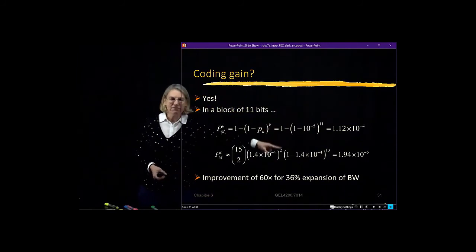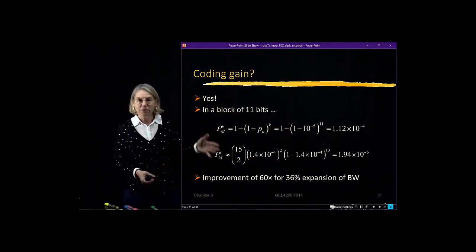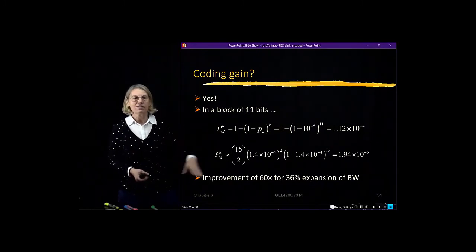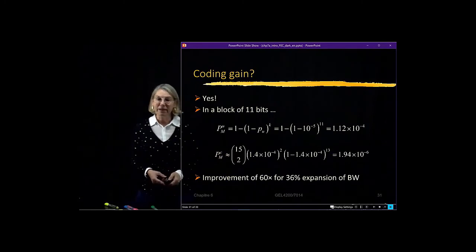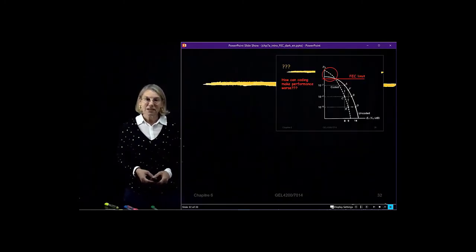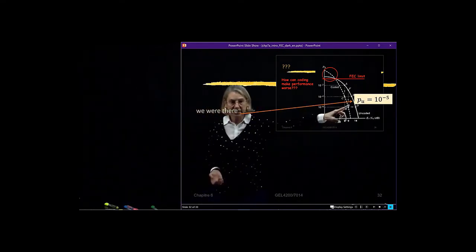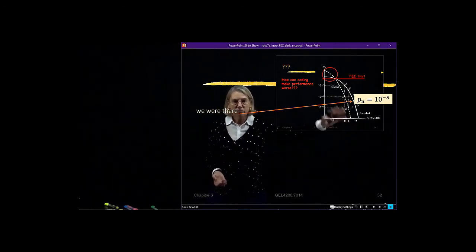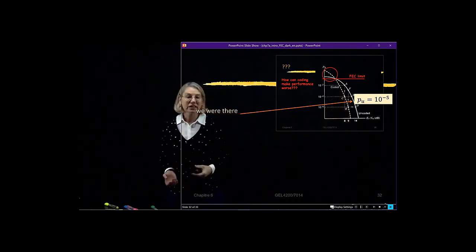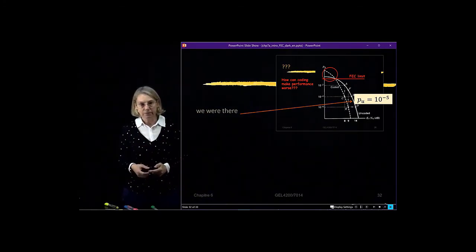So I have like a factor of 60 improvement in my probability of having some kind of error when I only paid 36% in the expansion of bandwidth. So we did get improvement. So that means that we're somewhere down here, which makes sense. I said that we were using 9.6. So we're in the good region where the dotted curve really is close to the origin.